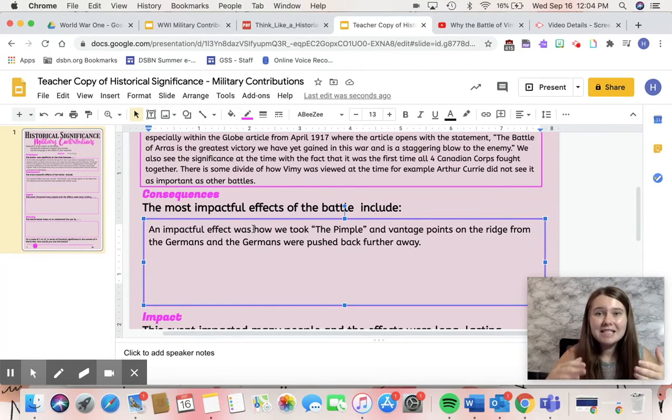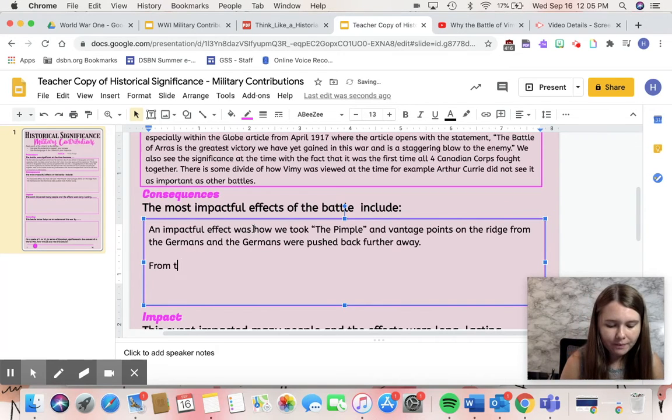And it wasn't until the Canadians actually stepped in and took over and started planning this whole assault that they actually took the ridge. So the major players from the war, the major empires and powerhouses couldn't take it, but our small country of Canada could. So we're going to talk about how Canada gained its recognition.